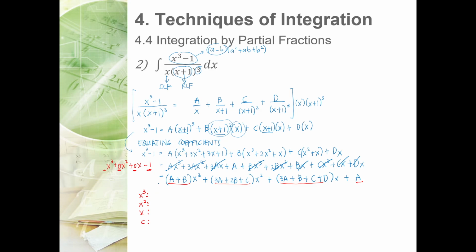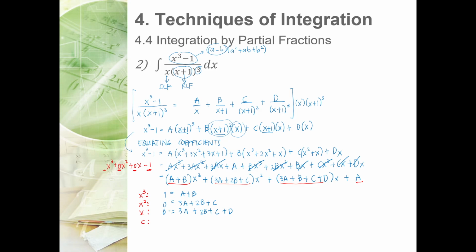Okay, so you're going to have it as 1 is equal to a plus b. Then 0 is equal to 3a plus 2b plus c. 0 is equal to 3a plus 2b plus c plus d.